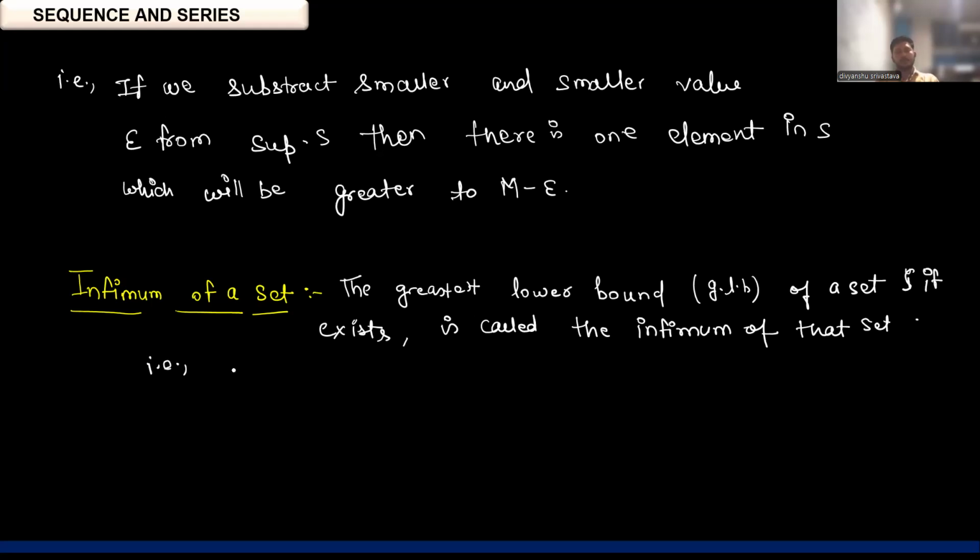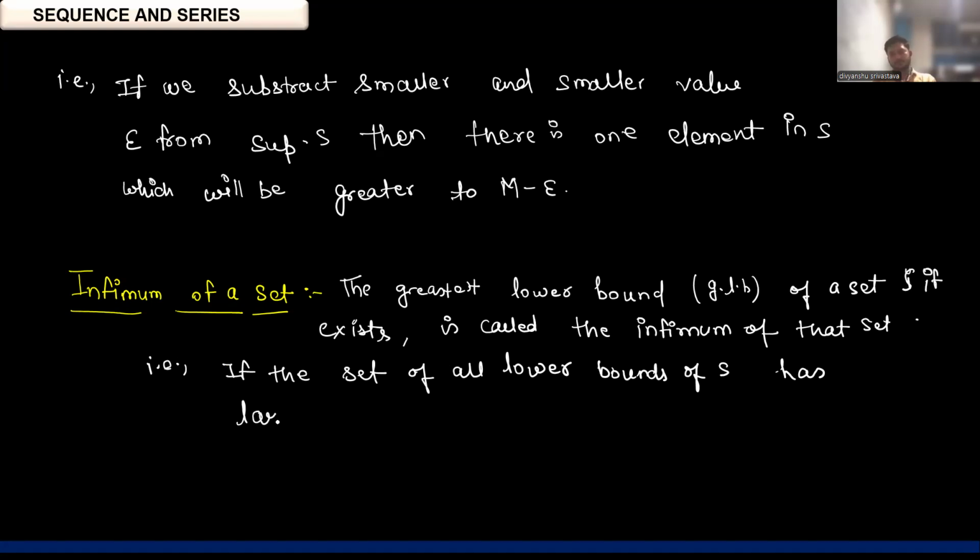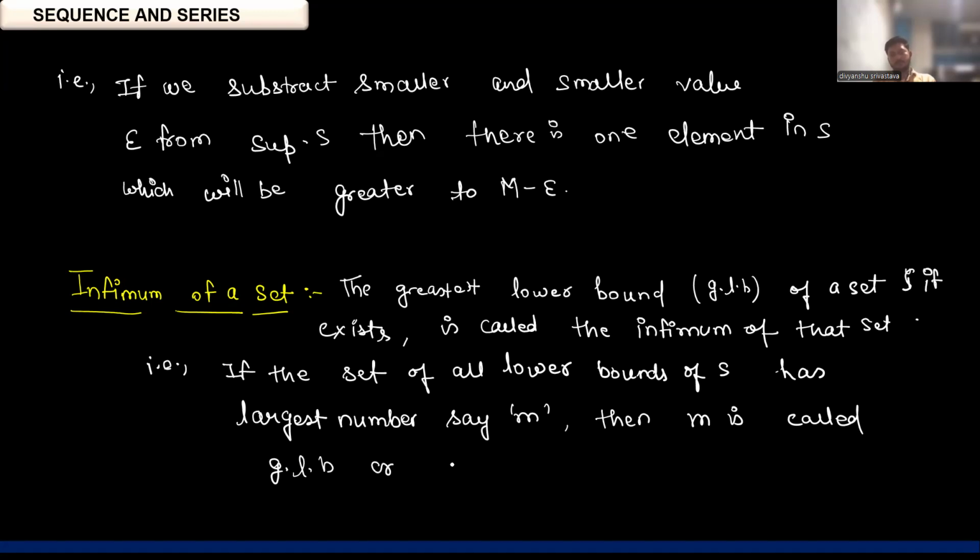You may not use the short form GLB, only use greatest lower bound. That is, if the set of all lower bounds of S has a largest number, say small m, then small m is called the GLB or infimum of S.